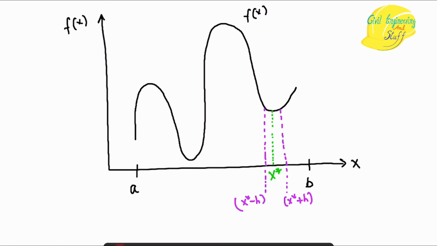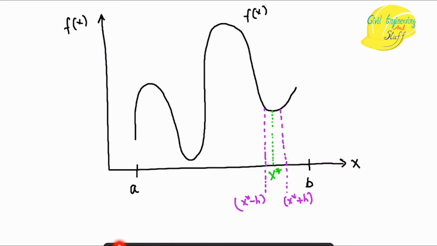In this interval we have a minimum value at f(x star), at x equal to x star, over a very small interval. When in a small interval we have a minimum value, that is called a relative minimum.